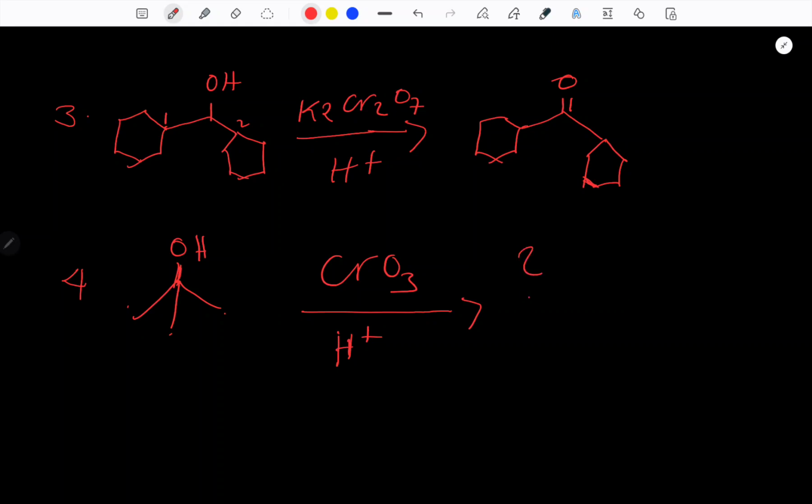There will be no answer because tertiary alcohols are unreactive. They don't undergo oxidation, only in special cases, but in this case, no reaction.